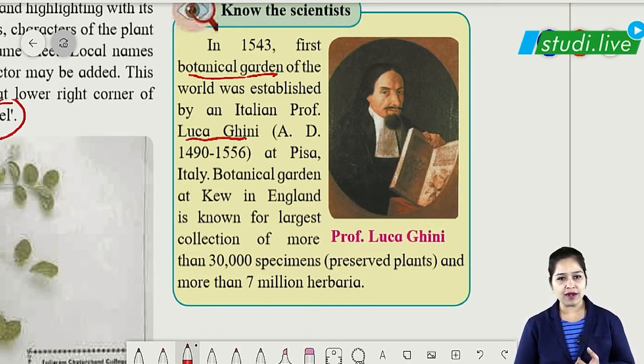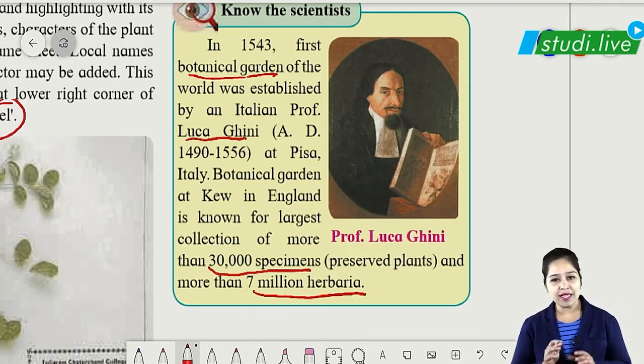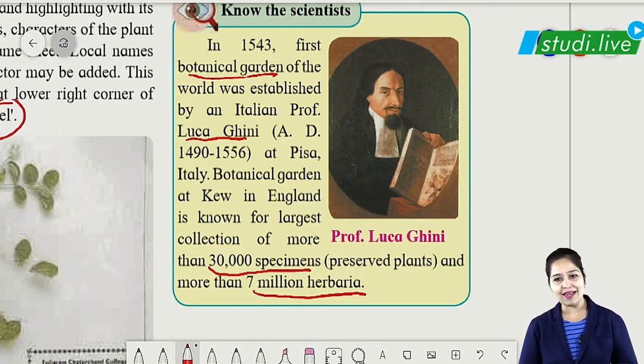This botanical garden is known for its largest collection, containing more than 30,000 specimens, which are preserved plants, and covering more than 7 million herbaria. So he has contributed to both botanical gardens and herbaria.